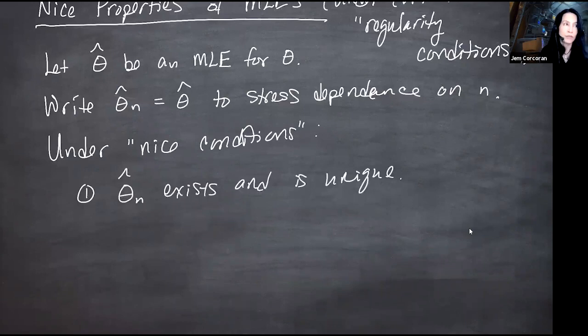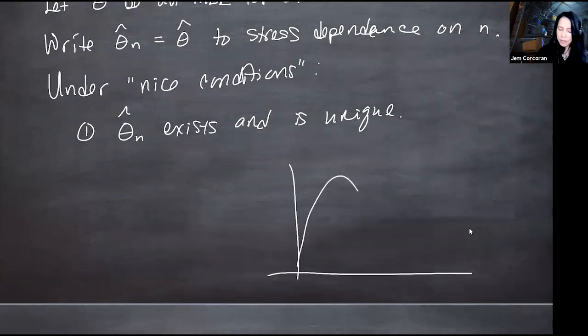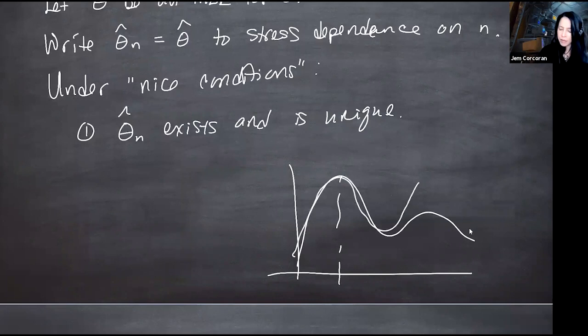That actually holds for everything on our table that does have the parameter in the indicator as well. So there is a maximum, and the likelihoods, while they could be bimodal, this still has only one maximum, and it occurs right here. So under some regularity conditions, we're not going to see something bimodal with the exact same maximum.